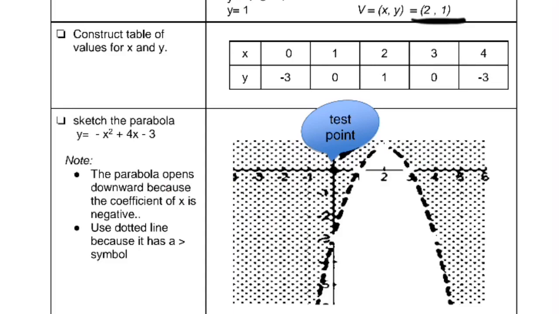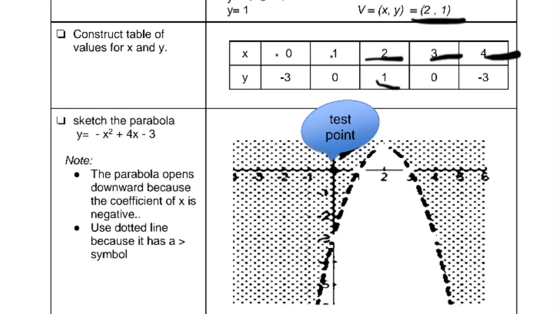Next, you're going to construct a table of values based on the vertex. The vertex is (2, 1), so 2 is the value of x. That will be your basis in using another set of points. You're going to use x values 0, 1, 3, and 4.